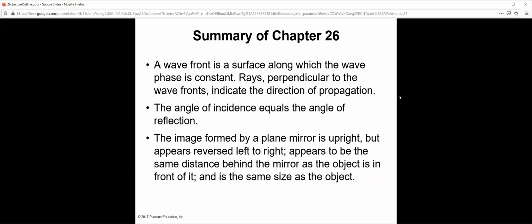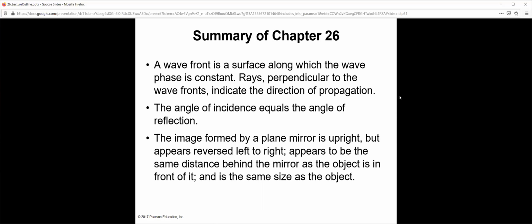How exciting. So that was reflection, refraction of light in lenses and mirrors. Overall, a lot of gross looking diagrams to allow us to use lots of very simple equations. And we can just talk about the very basics of light. A wavefront is along a surface.